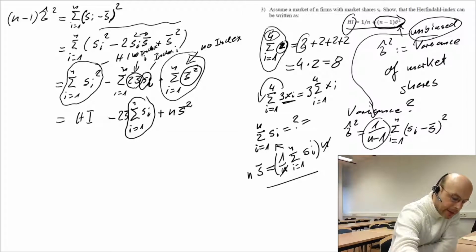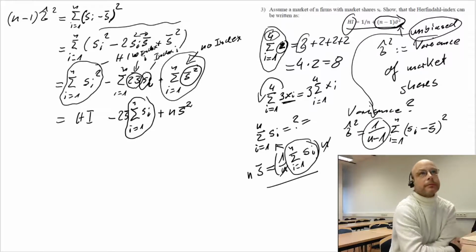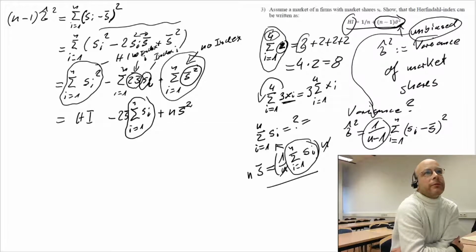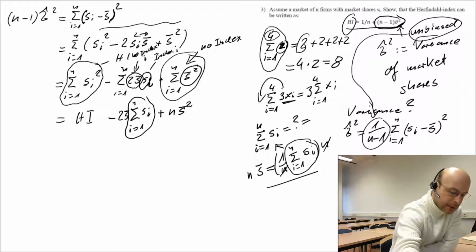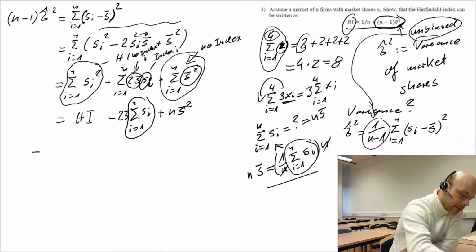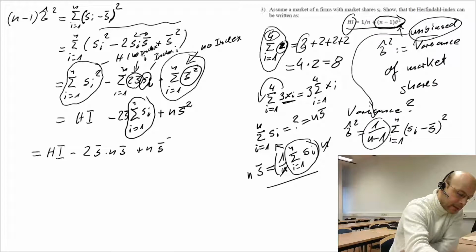And then we end up with the same formula. So this is n times s bar. So we obtain HI minus 2 s bar times n times s bar plus n s bar squared.